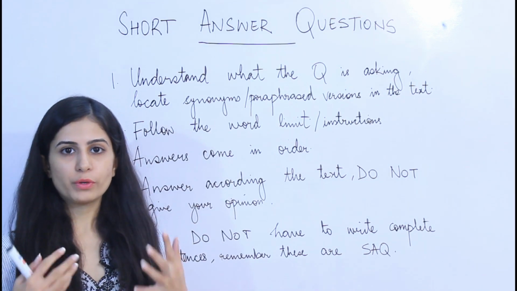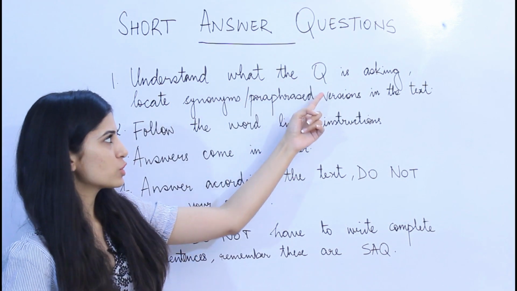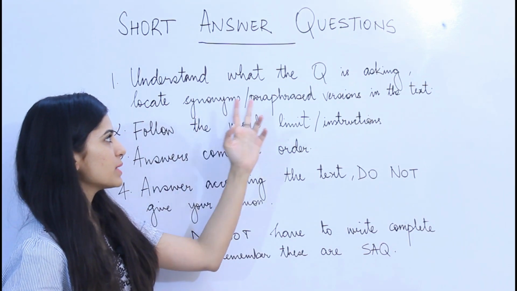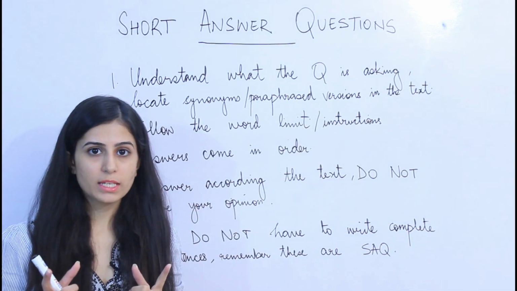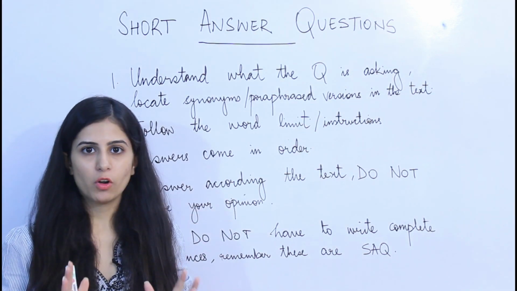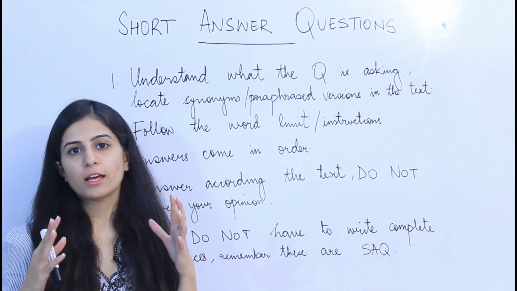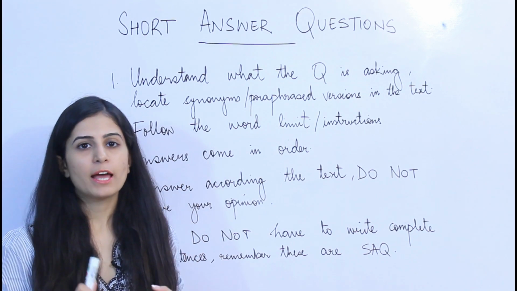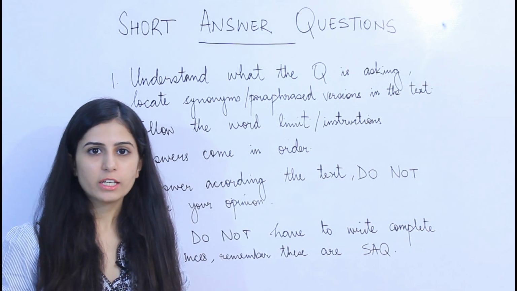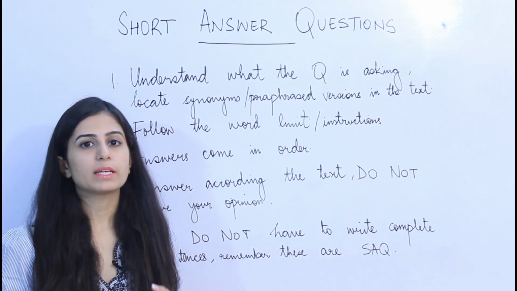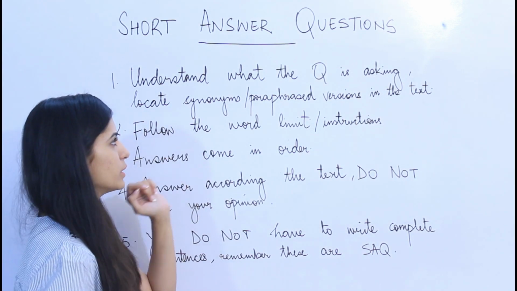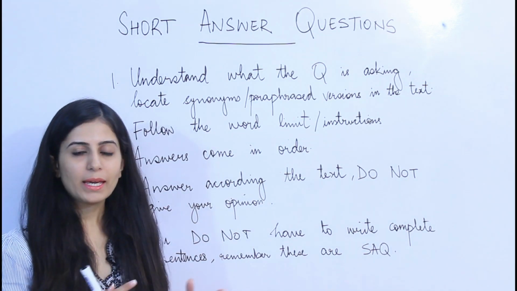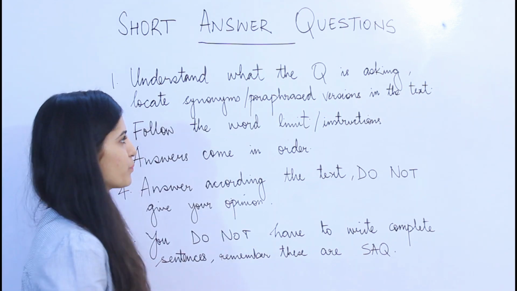Alright, this is more or less similar in all kinds of questions. Step 1, read and understand the question, underline the keywords, look for the synonyms and paraphrased versions of those keywords in the text. This can be done by skimming and scanning through your passage.